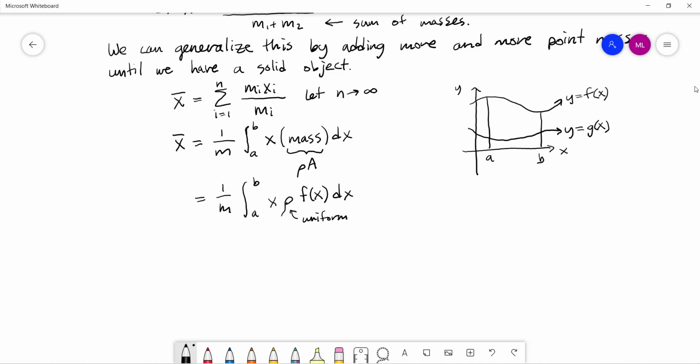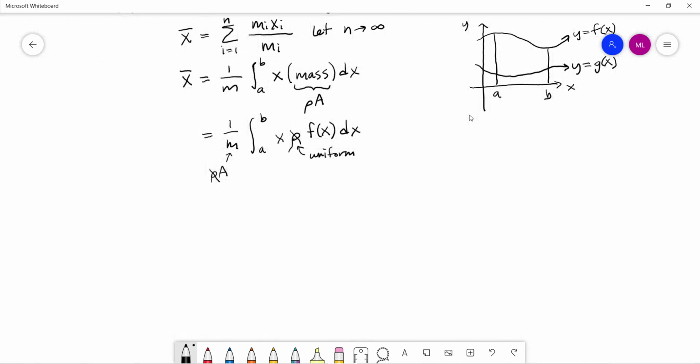And it turns out if it's uniform, this mass over here is also rho times area. And we can basically cancel the rho here and the rho here, if you want to think of it that way. And so what we wind up with is, we had the density inside and the density outside, but assuming it's a uniform density, we can pull this outside and cancel it with this one that's in the denominator over here, because basically the density showed up in two places.